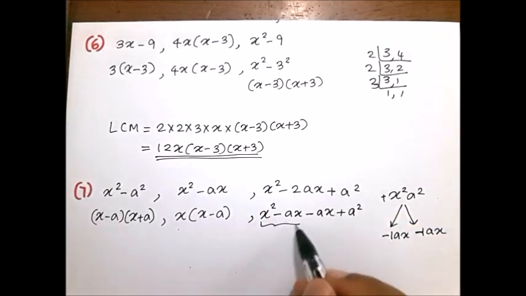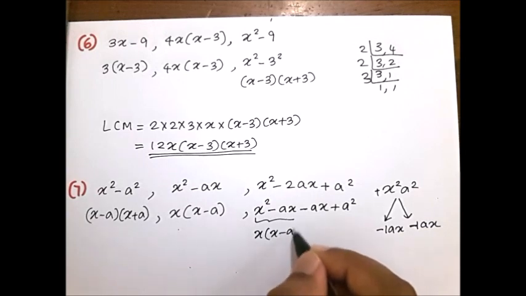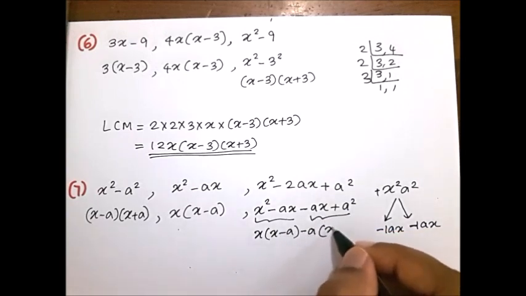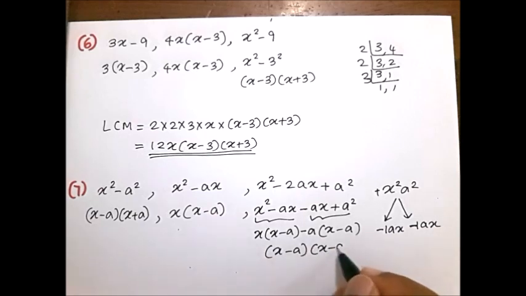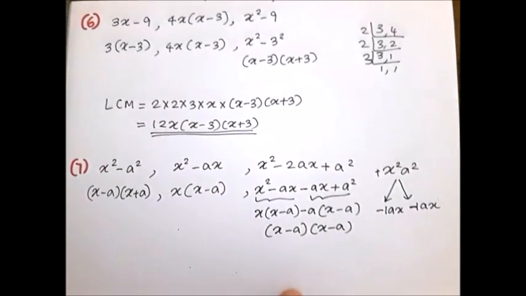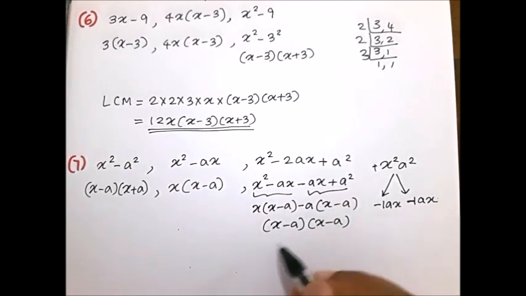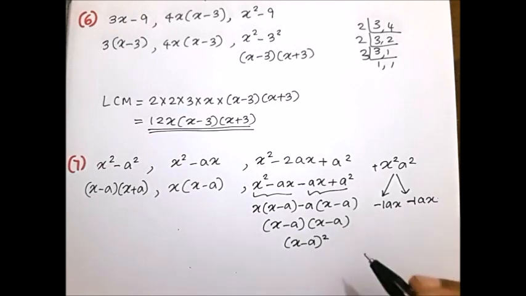Then take common terms out. x common, remaining x minus a. Then take common term, it is minus a, and remaining x minus a. Factors are x minus a and x minus a. Now here you can see these two terms are same, so you can write this as a power. It is x minus a to the power 2.